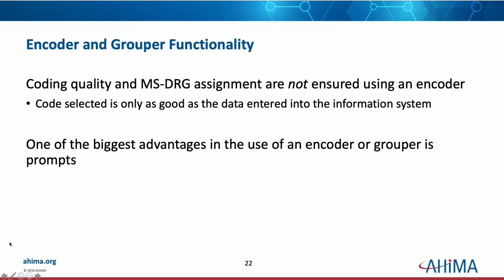Again, you as the coder are hopefully reading the documentation very thoroughly and identifying the correct principal diagnosis and secondary diagnoses, including CCs and MCCs, and you're putting it into the system and you're watching how the encoder is moving it through and you're answering the questions correctly. Even the best encoder has areas of errors or issues that you have to know of and be aware of.